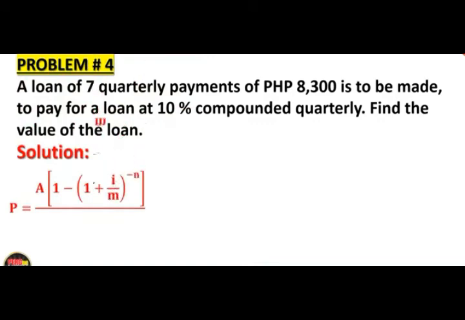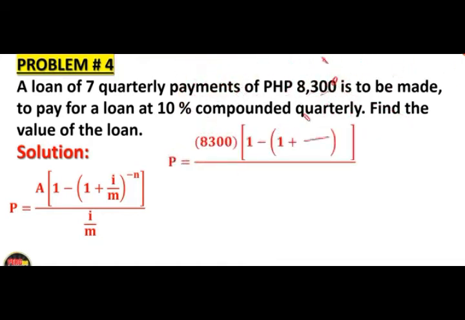So, in the formula of annuity, P equals A times 1 minus (1 plus i over m) raised to negative n, over i over m. Now, from the problem, the A, that is the quarterly payment, equals 8,300. i is the interest given in the problem, which is 10%.